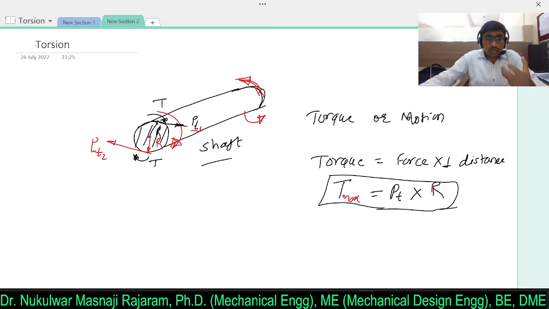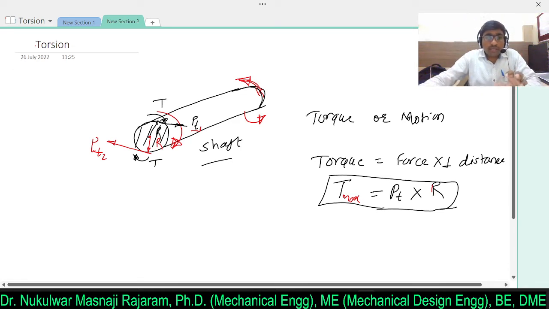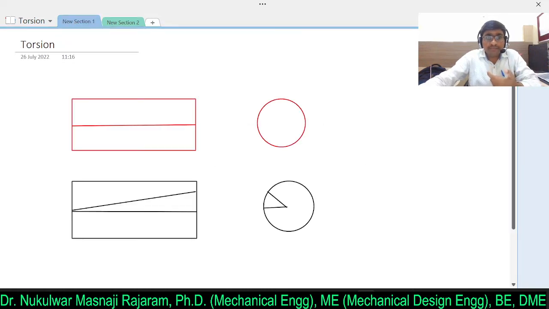So when two equal torques in opposite directions act at the two ends, it is considered torsion. Now we have learned the basic thing.